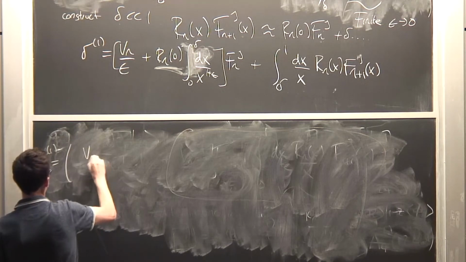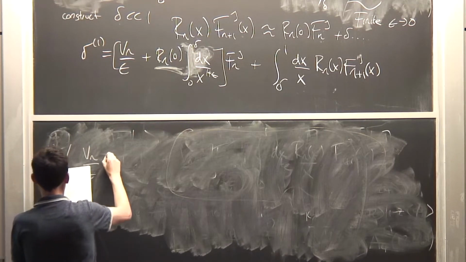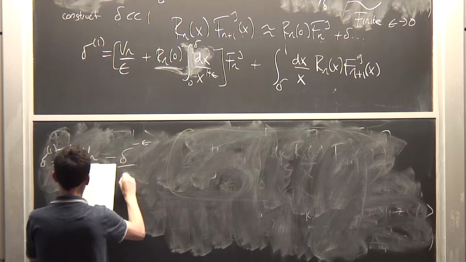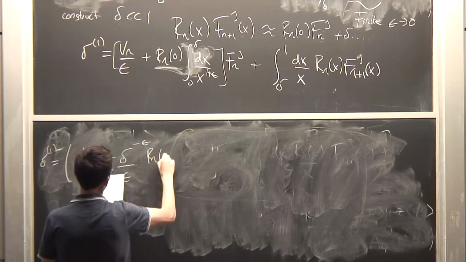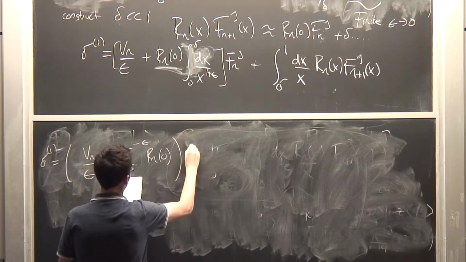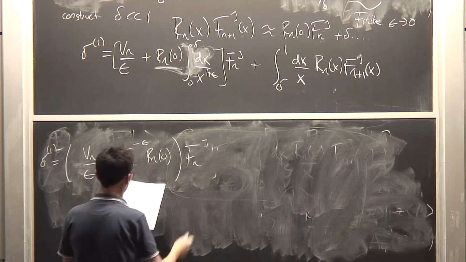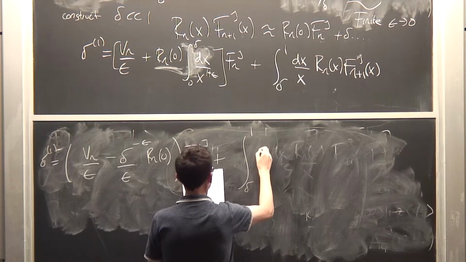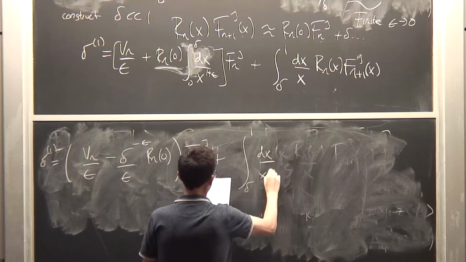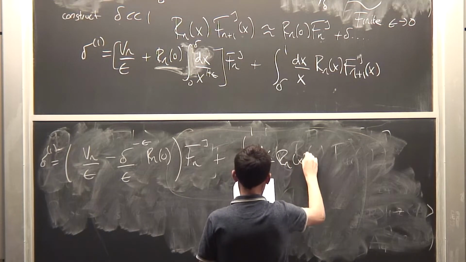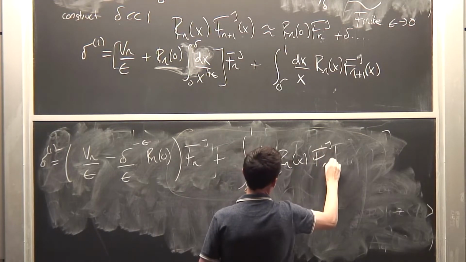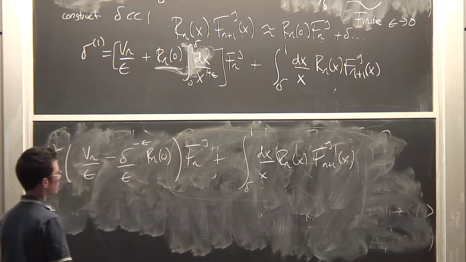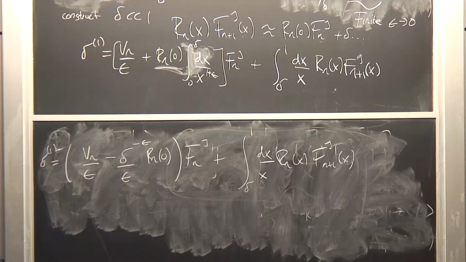I get Vn divided by epsilon minus delta. I think I've written this 1,000 times. If I had just called it a single symbol, it would have saved me some time.